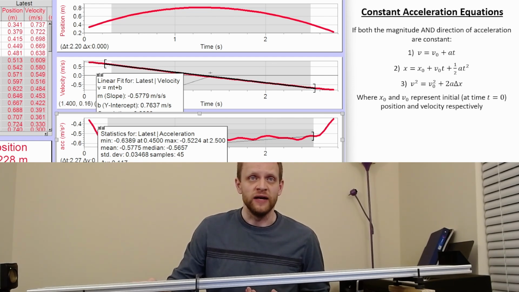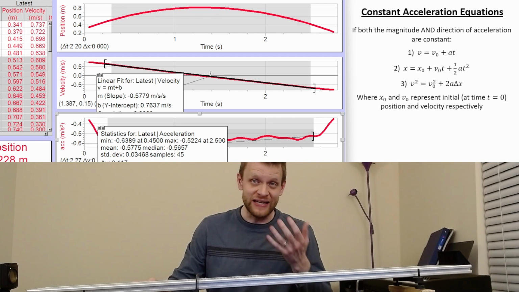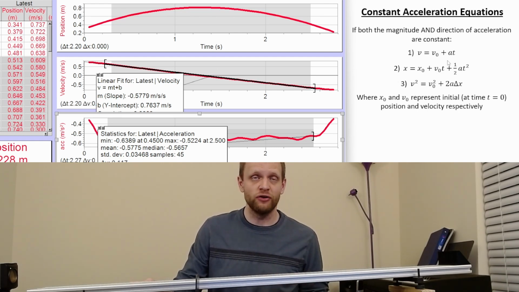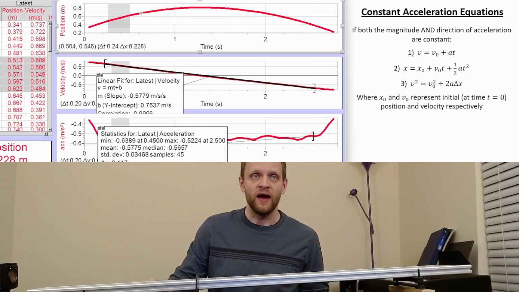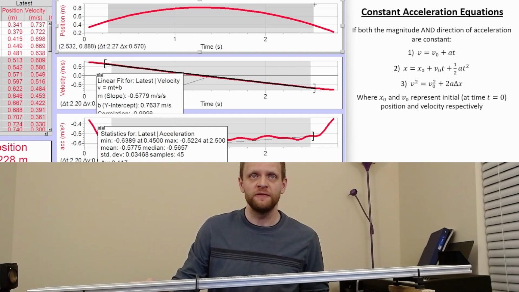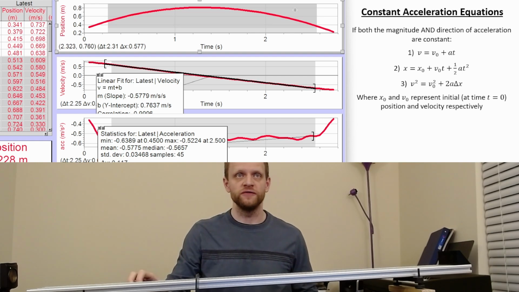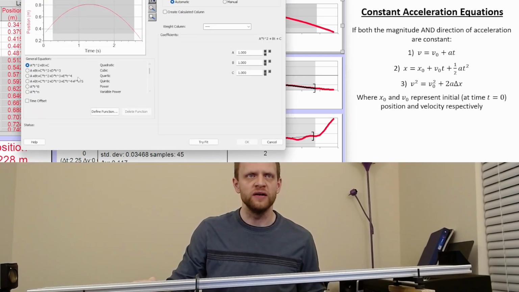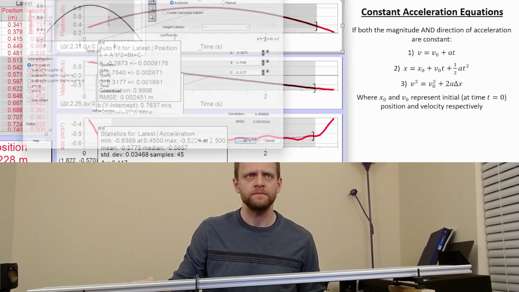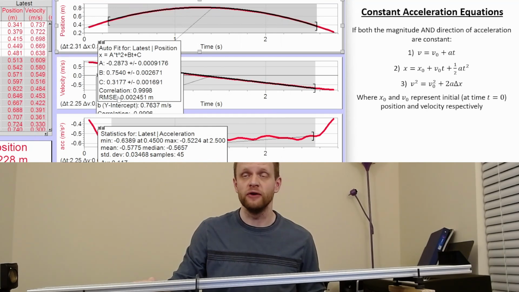So again, in the case of this constant negative acceleration, our velocity graph is still linear, and our position graph is quadratic, but this time it has a downwards curve to it. If I compare that with a quadratic fit, well, those match up very, very nicely with each other.